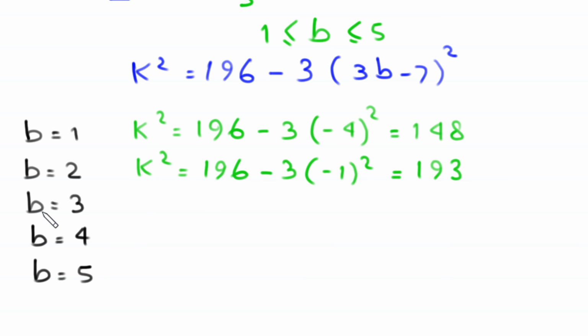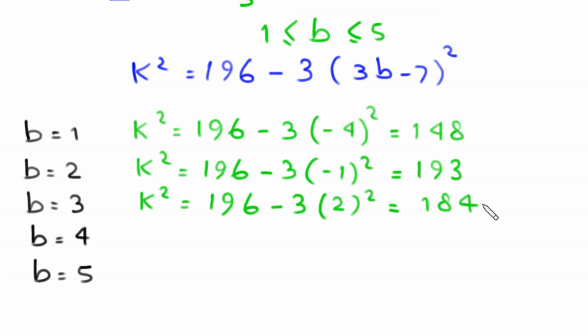And when b is 3, then k squared will be equal to 196 minus 3 times (9 minus 7, which is 2) squared, and 2 squared is 4. 4 times negative 3 is negative 12. 196 minus 12 is equal to 184.